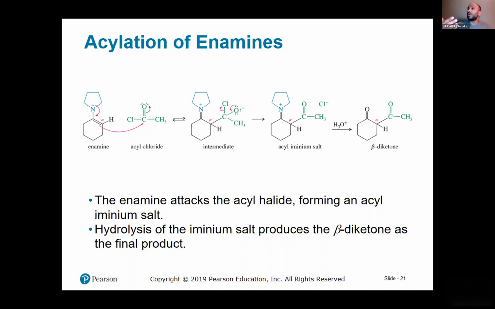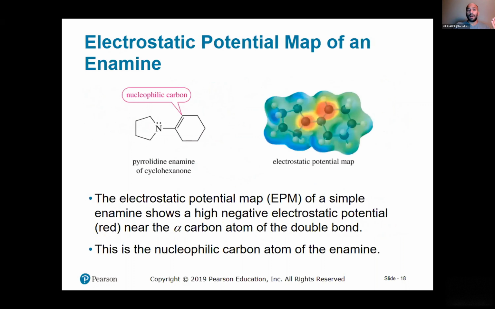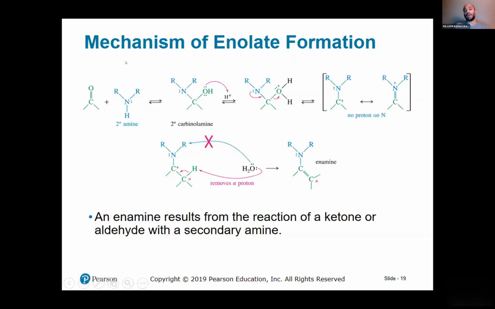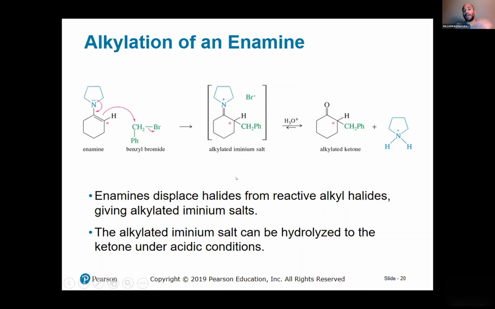So the better route is to form the enamine, and that's very easy. All you need to do is react the cyclohexanone with the secondary amine, which will give you the enamine, and then with the enamine you could do the alpha carbon chemistry and then hydrolyze it back to the carbonyl structure.